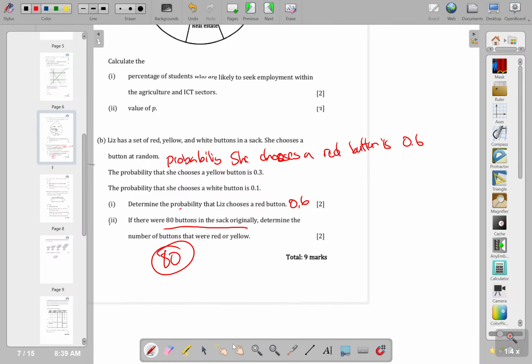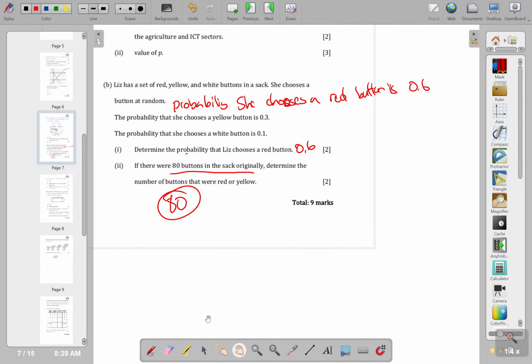All right. Now, how would we apply this now? So first we can find how much are red. Because 60% of any total amount would be red. 30% of any total would be yellow. 10% of any total would be white.